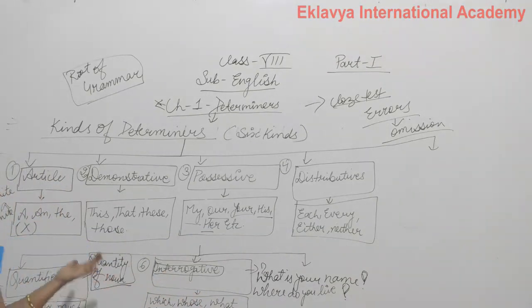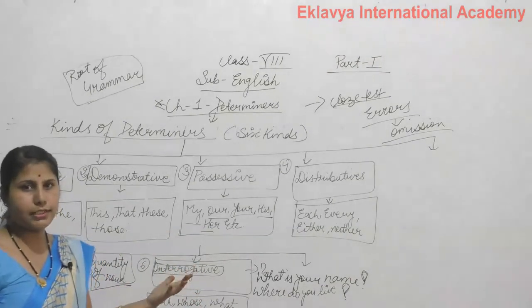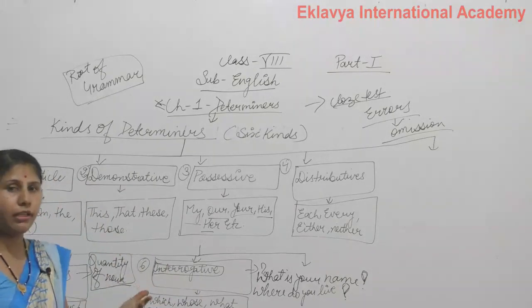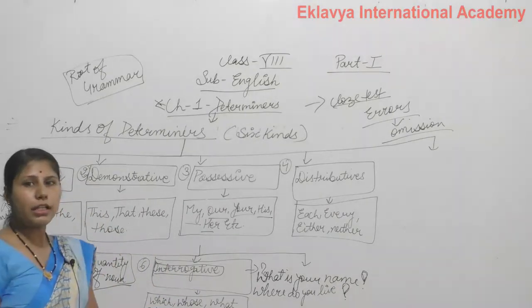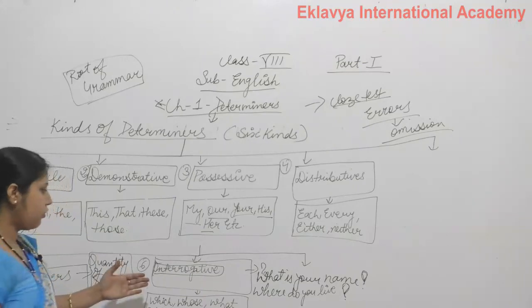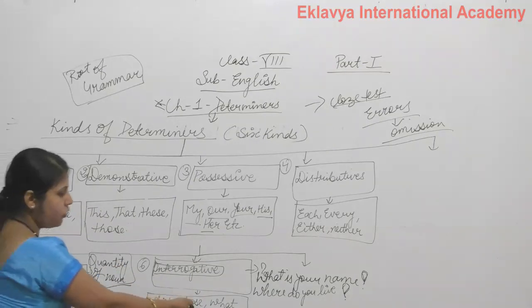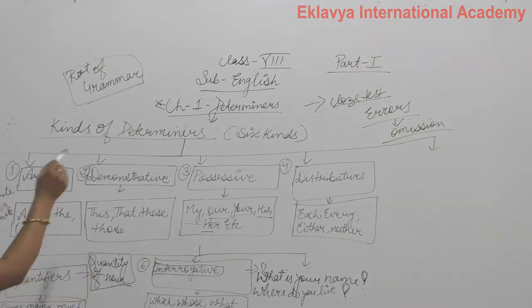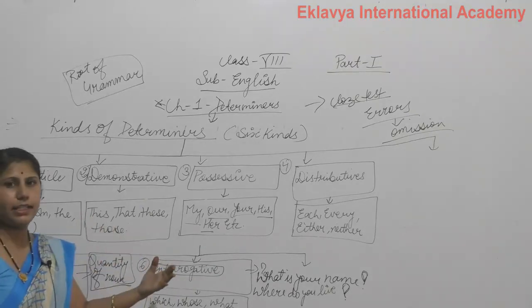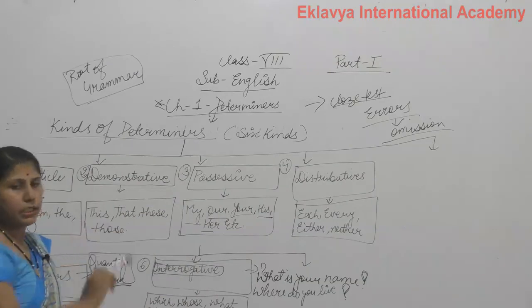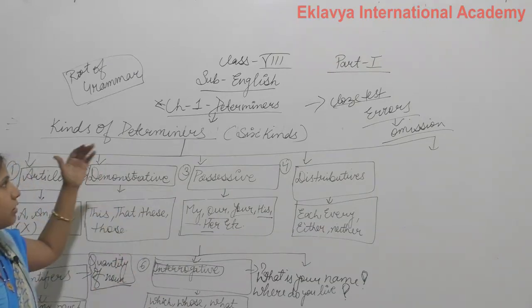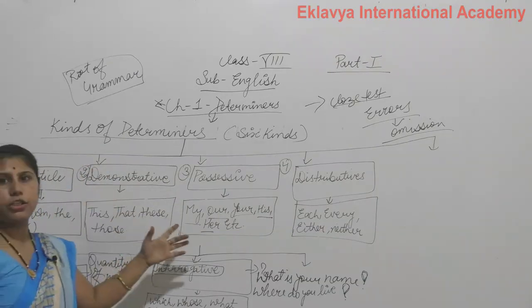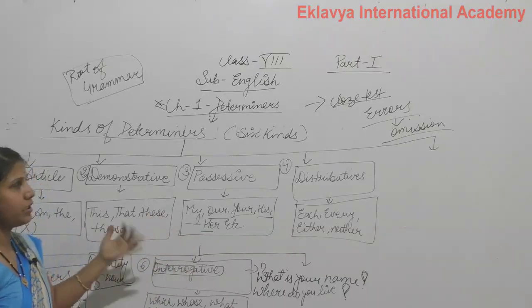When we ask questions from students or from anyone, that is called interrogative. In interrogative we can say which, whose, what, where, etc. These all are interrogatives. So this is the structure of the determiners.